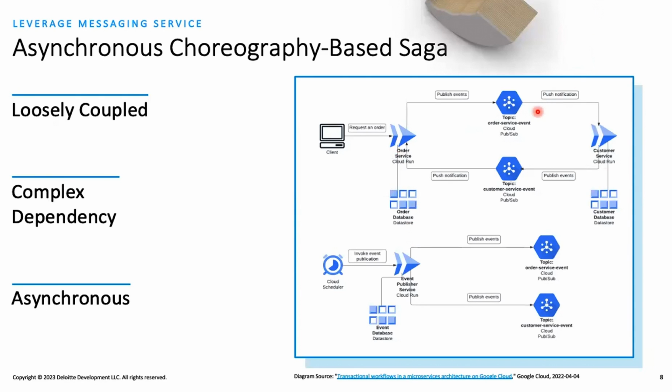In the meantime, when I communicate my event, like an order event, to the other side, the customer service, I will go through a messaging service. And physically, here I'm using Google Cloud Native Pub/Sub. And I have two different topics. When the order event happens, it will publish this event into a Pub/Sub topic, and then push this notification to the customer service.